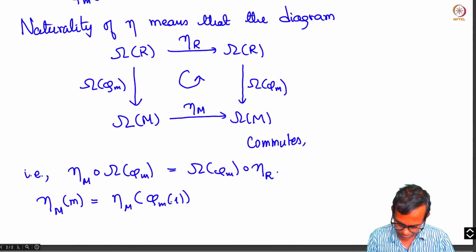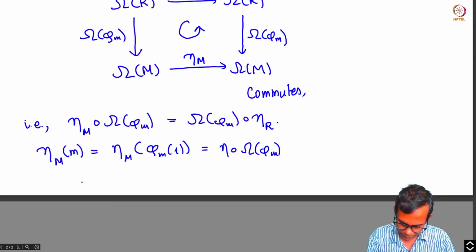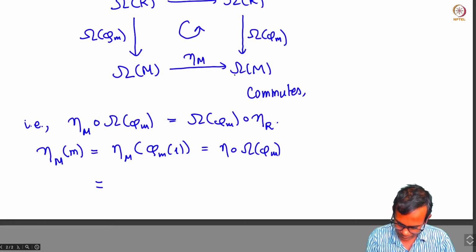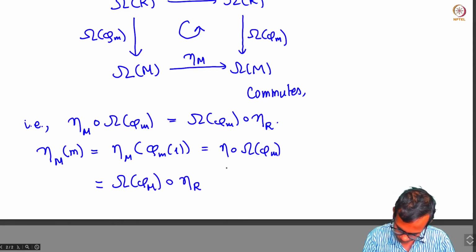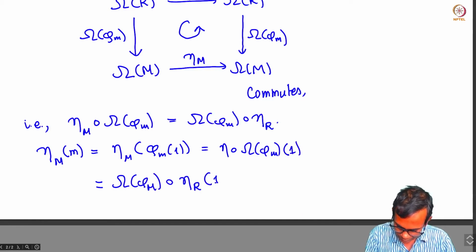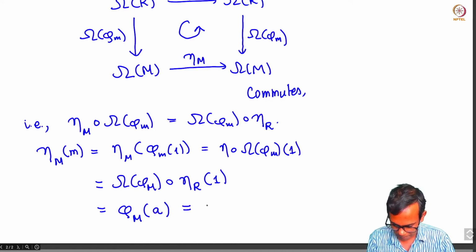So this is eta M of phi M of 1, which is eta M circle omega phi M of 1. By the commutativity of this diagram, that's omega phi M circle eta R of 1, which is phi M of eta R of 1, which is a, which is am.